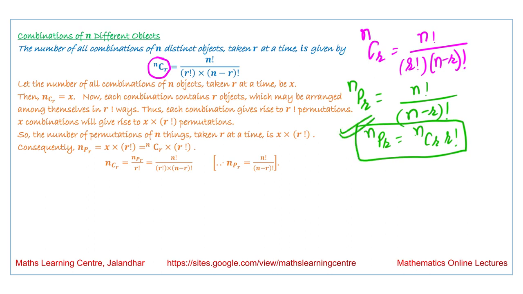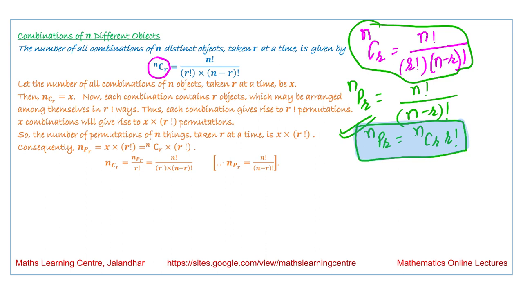This thing we will use to prove this result, and you can also look at this result in this form, that this is the relation between the number of combinations and number of permutations of choosing R objects out of N objects.